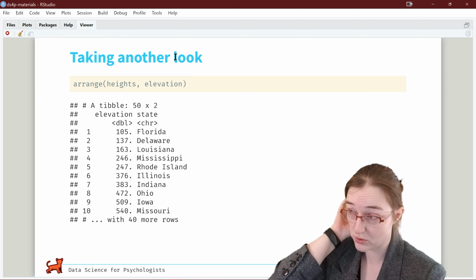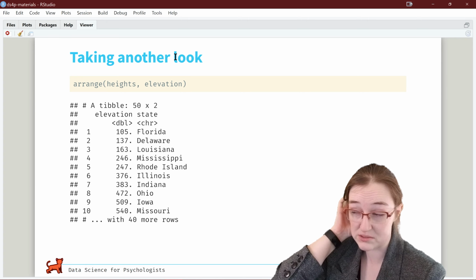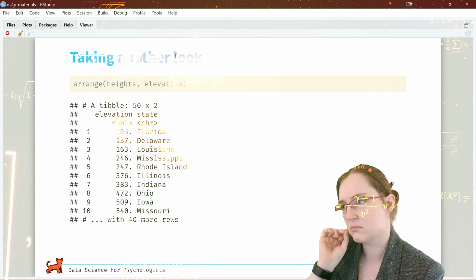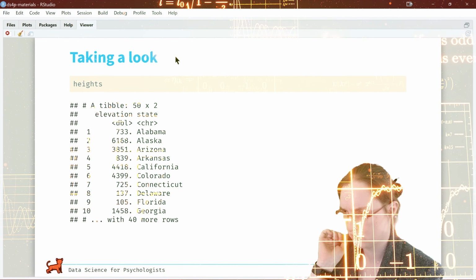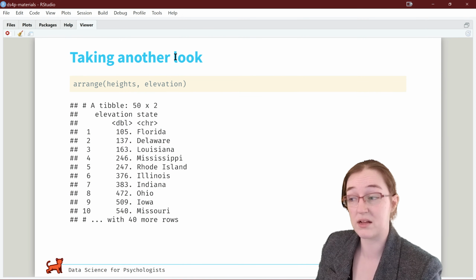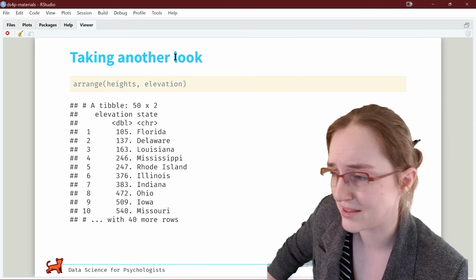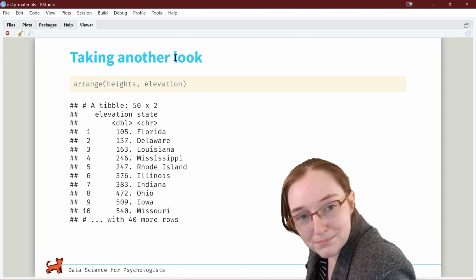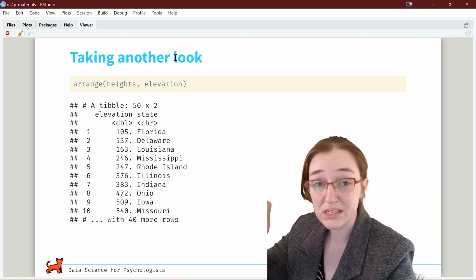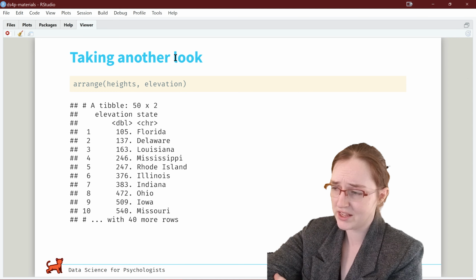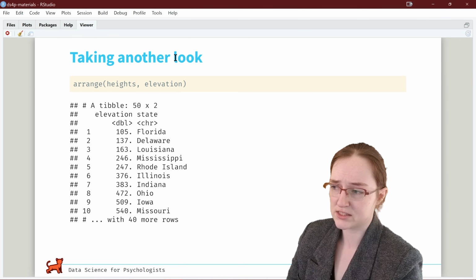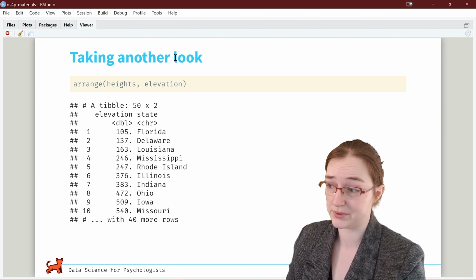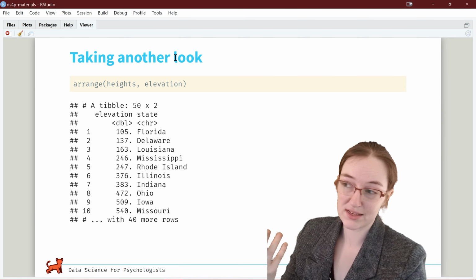So here we've sorted from smallest. Oh, my brain just melted. I'm sorry. I saw Florida and thought that was supposed to be Alabama. But anyway, okay. So, Florida. Here we've got the states with the least elevation. Florida is super flat, so is Delaware, Louisiana. And so, that gives us one look.